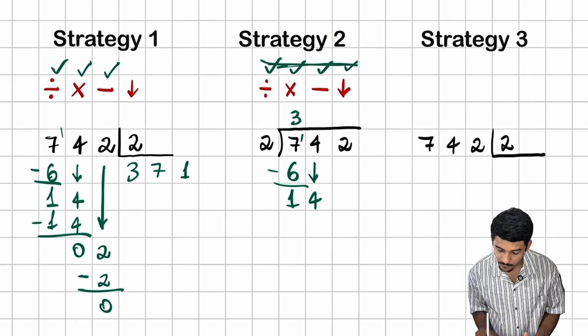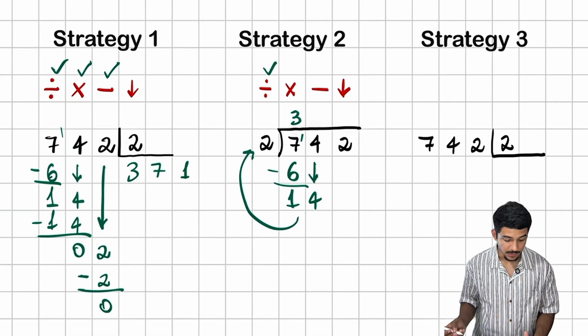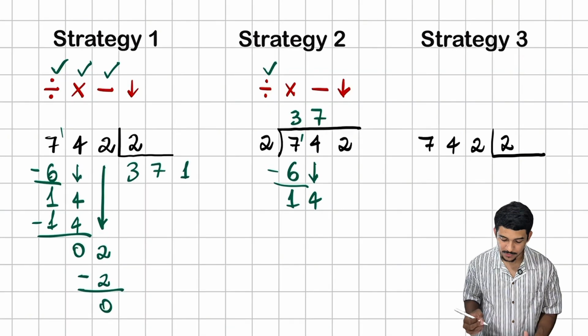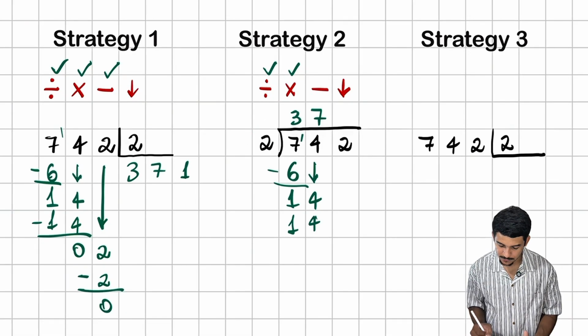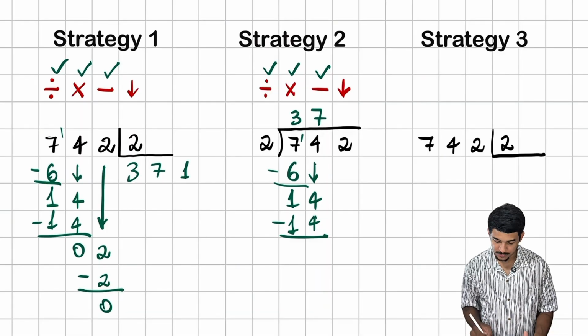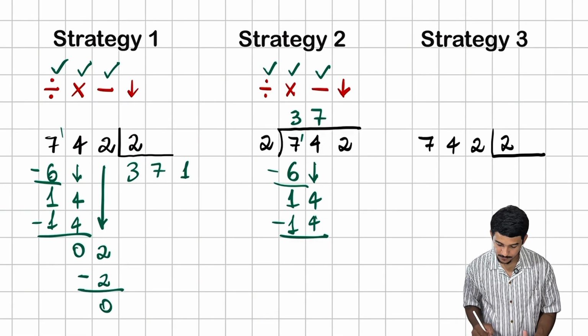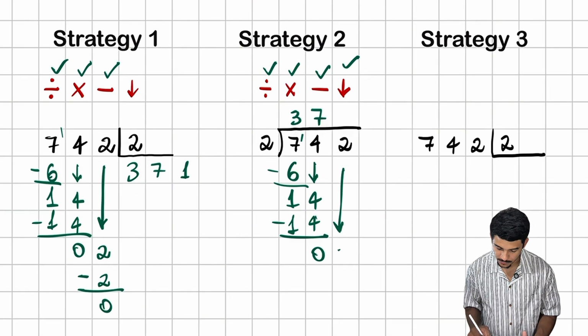Let's do it all over again. Division. 14 divided by 2, 7. Let's multiply. 2 times 7, 14. Let's subtract. 14 minus 14, 0. Let's bring the next digit down, which is 2.